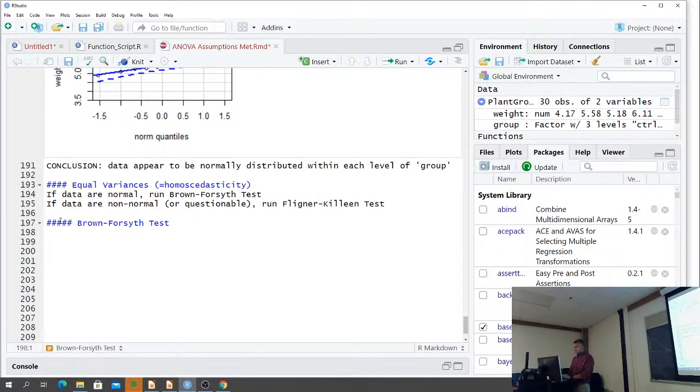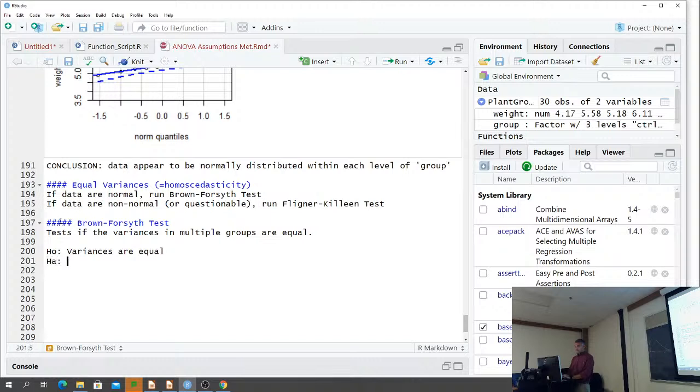All right. This test tests if the variances in multiple groups are equal. All right, that's what our Brown-Forsythe test is going to do. Our null hypothesis is that variances are equal.